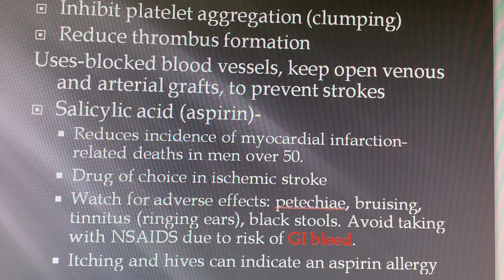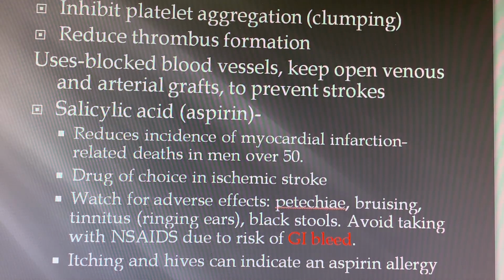It's directed at men over 50 because that's who the original study was done on. It's the drug of choice to prevent ischemic stroke. And if you remember when we talked about the cardiovascular system, ischemic stroke was caused by a blood clot blocking access to oxygenated blood, as opposed to a hemorrhagic stroke where there was a tear or some kind of wound in the artery itself.